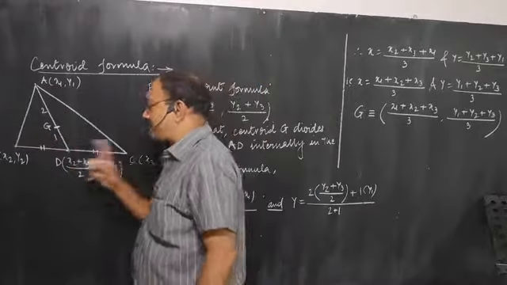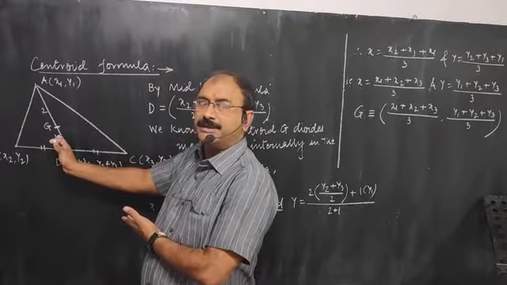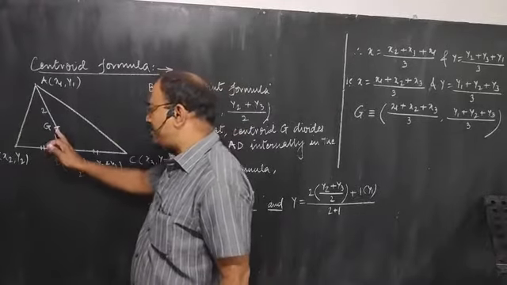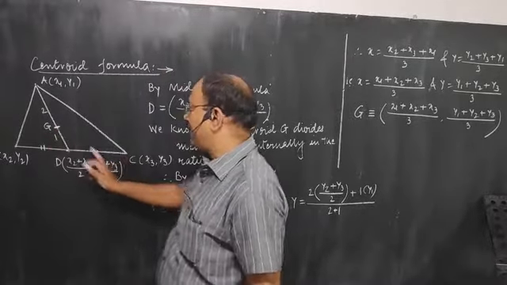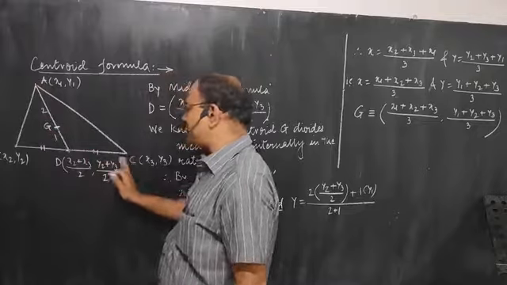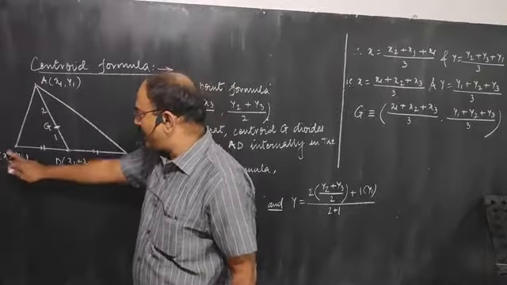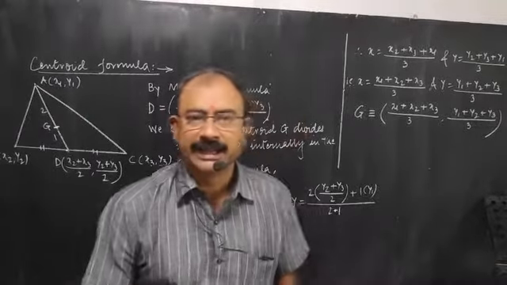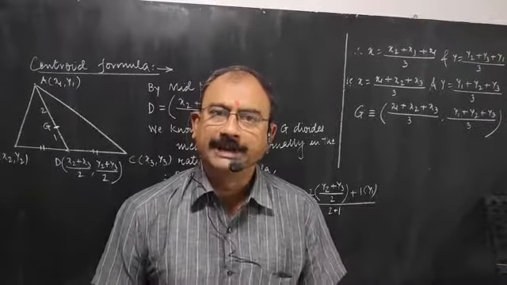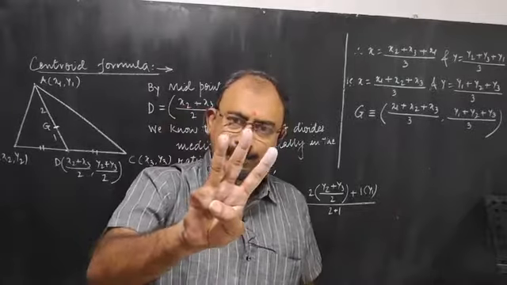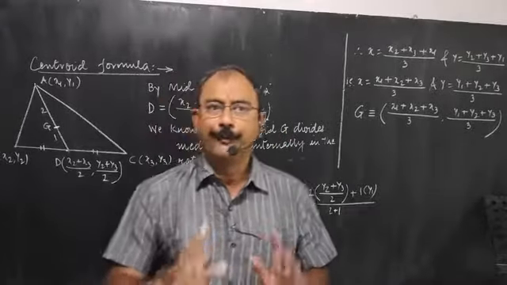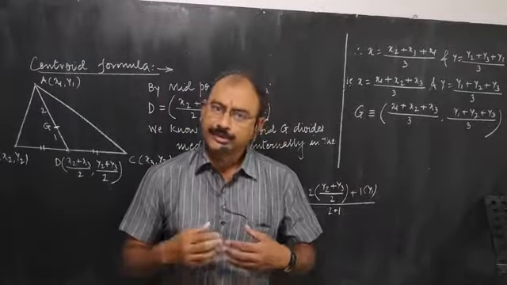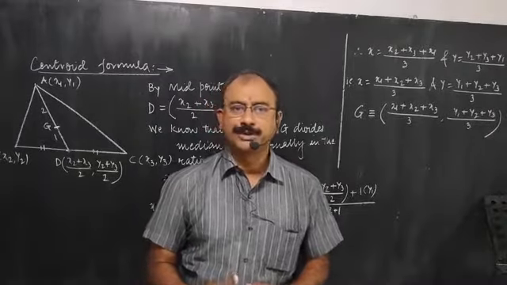If you are given A, B, C, obviously we can calculate the centroid. If you are given A, B, G, you can calculate C. If you are given A, G and C, you can calculate B. If you are given B, G, C, you can calculate A. In short, out of the 4 points, if any 3 are given to you, you can calculate the 4th point. That is the way we should try to memorize the application of the section formula.